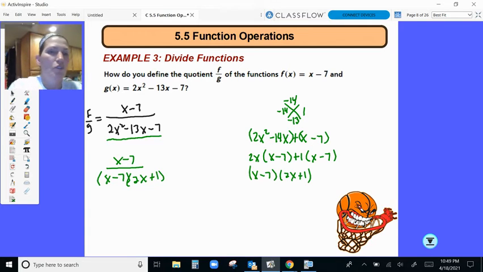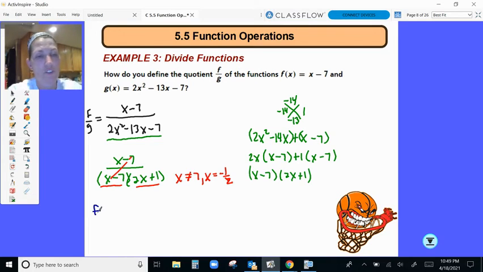Well, first of all, x cannot equal 7, and x cannot equal negative 1/2. If I set that equal to 0, that would be negative 1/2. That will cancel out, and that's going to give me my final function, f over g.